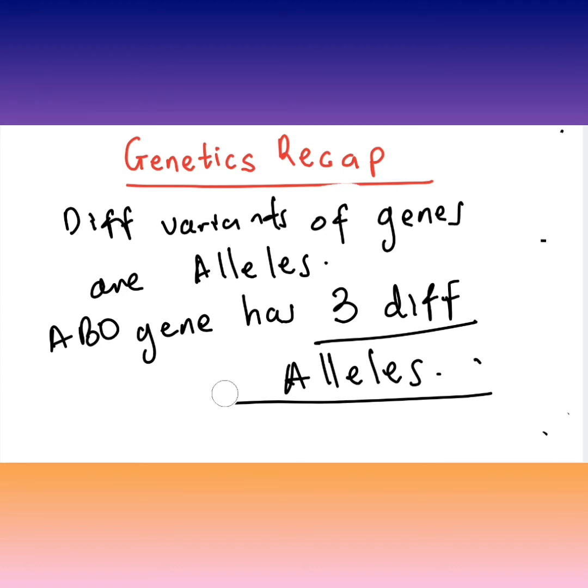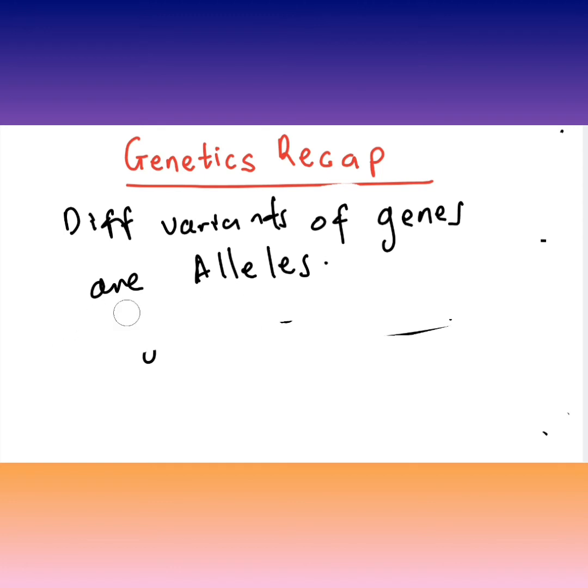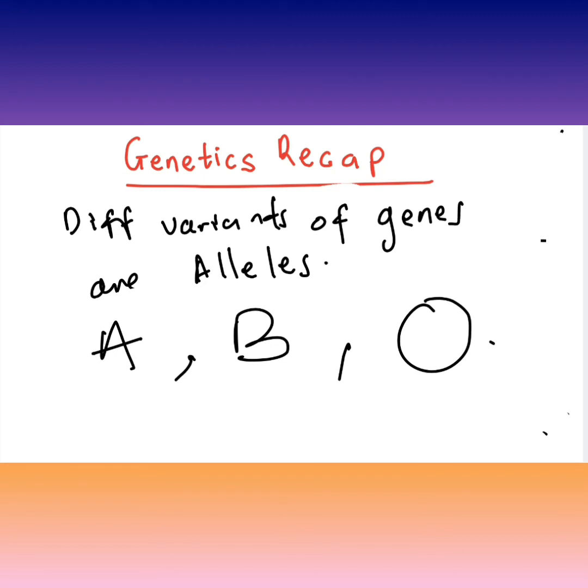And these are A, B, and O. Now those are the three different variants of the ABO gene.